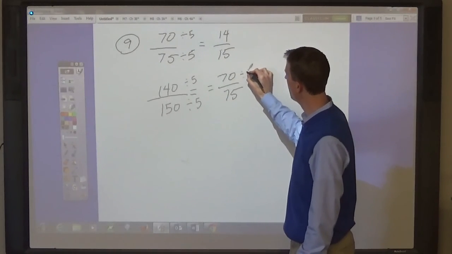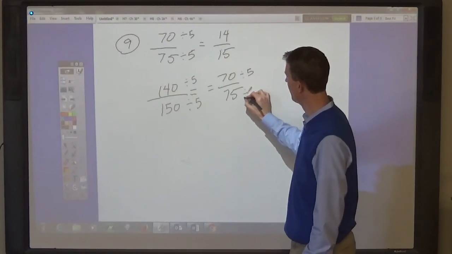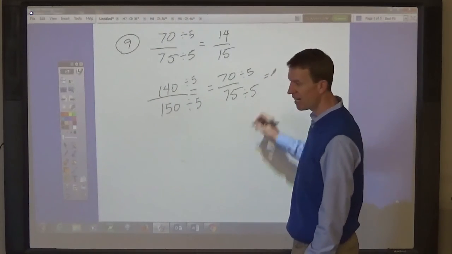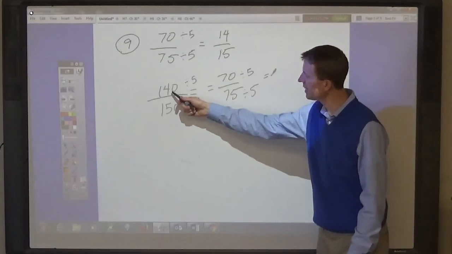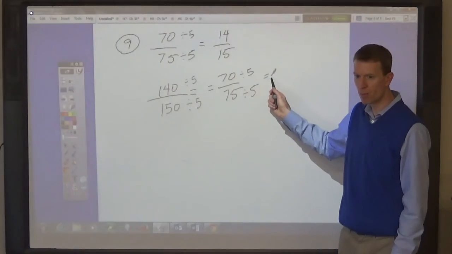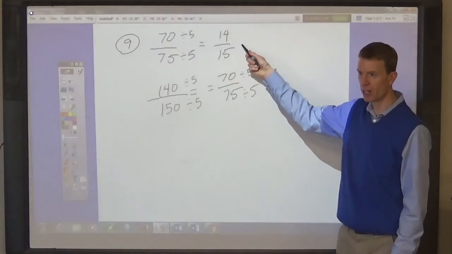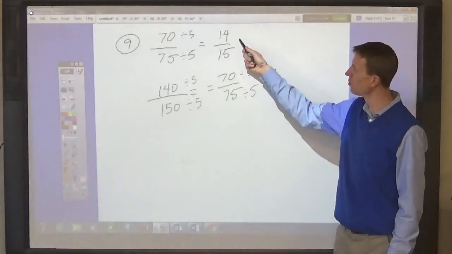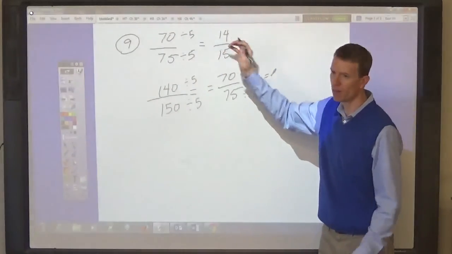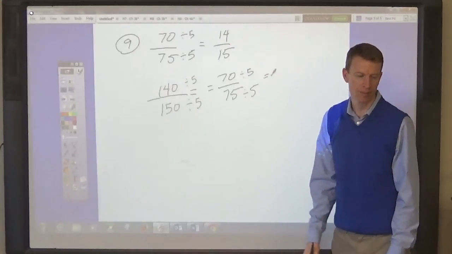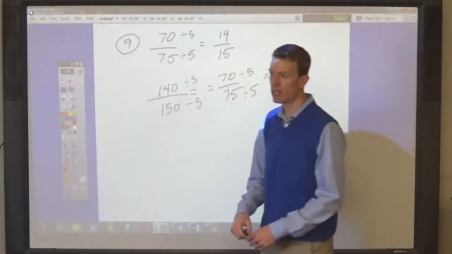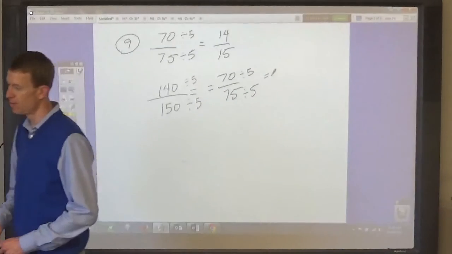And then you can divide them by 5 again. And keep on dividing by 5. In other words, sometimes you have to do this multiple times in order to get to the simplest form. Okay? So don't just divide them once and think, oh, that's simplest form. Make sure that you keep dividing if you can. Okay?